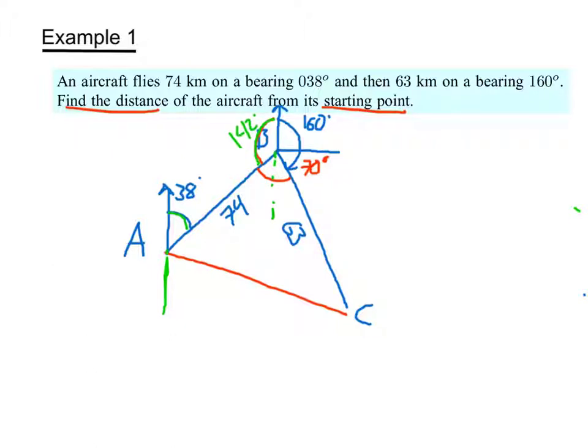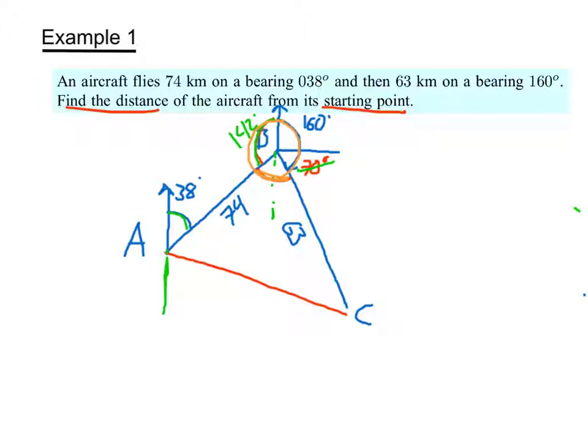Now, I actually don't even need this value of 70 degrees, because notice what I've done is I've split this 360 degrees into three sections, a 160, a 142, and what's left over here in the triangle.